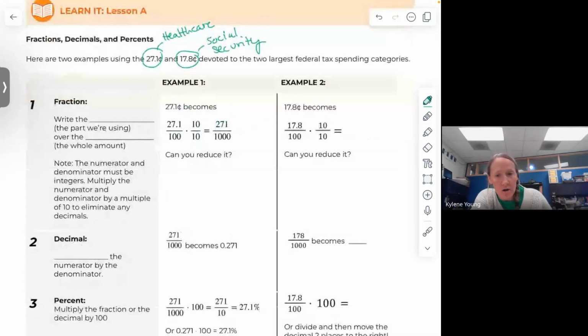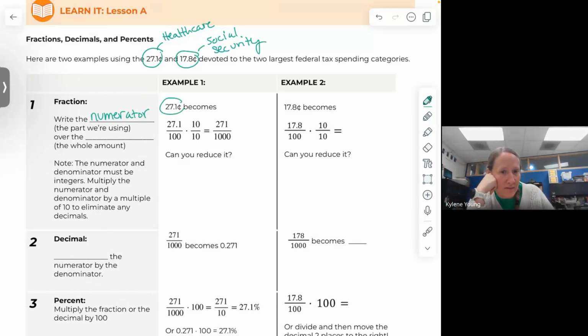So let's just start with fractions. We want to do a little bit of working around with our fractions. When we have a number that has a decimal point in it, we can't create a fraction with that decimal point. So we have to move some things around. First, we all know when we're making a fraction, we're going to write the numerator, which in our case is the part, the piece that we're using, the piece of a whole.